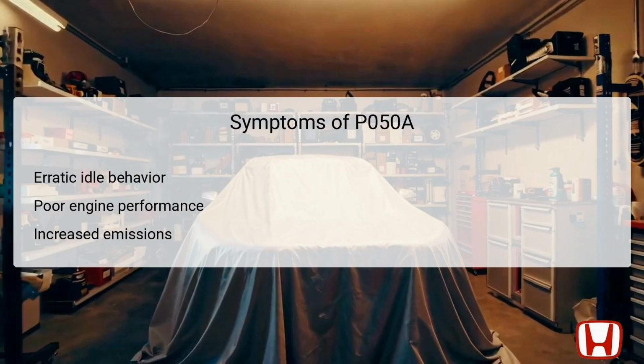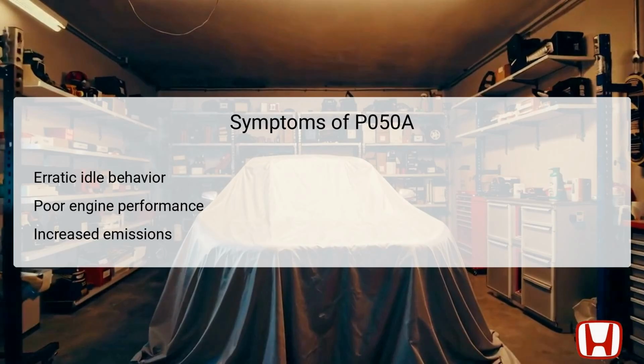The symptoms associated with DTC P050A can significantly affect driving experience and engine performance. One of the most noticeable issues is erratic idle behavior, which may manifest as fluctuating RPMs when the vehicle is at a stop. Drivers may also experience a general decline in engine performance, such as sluggish acceleration or hesitation during low-speed driving.